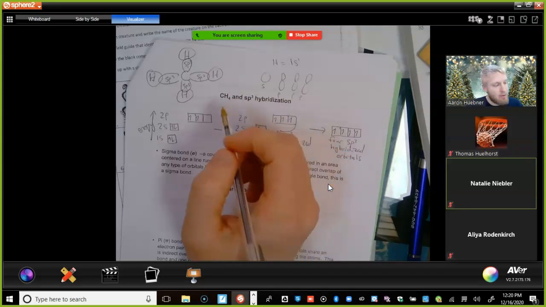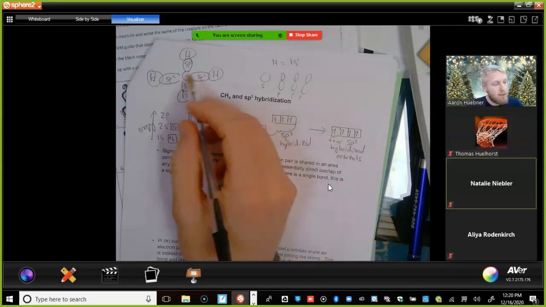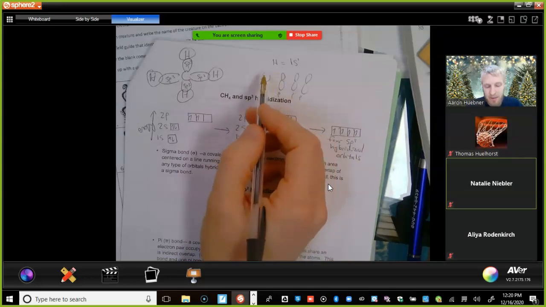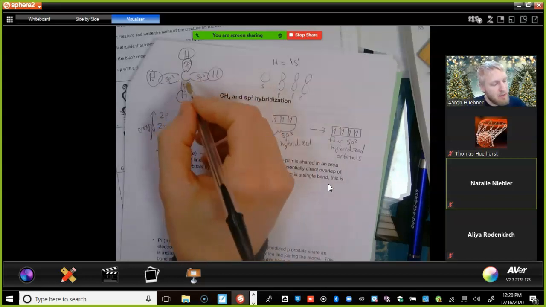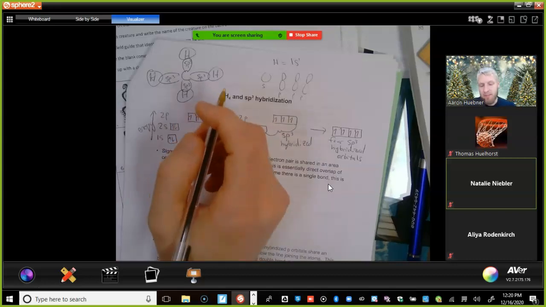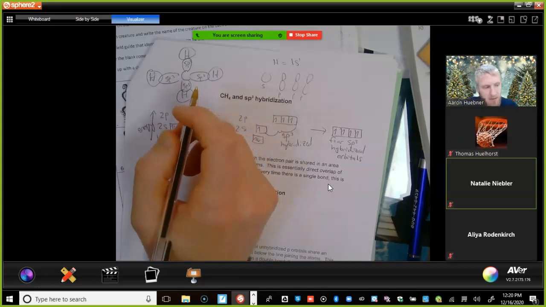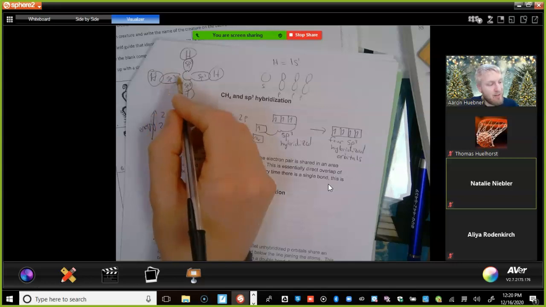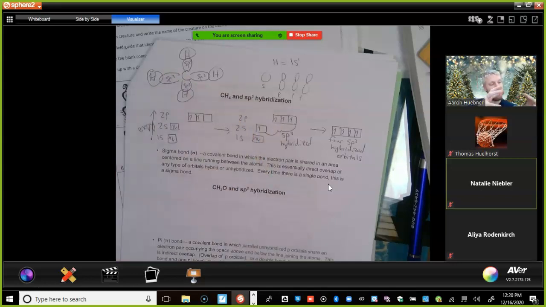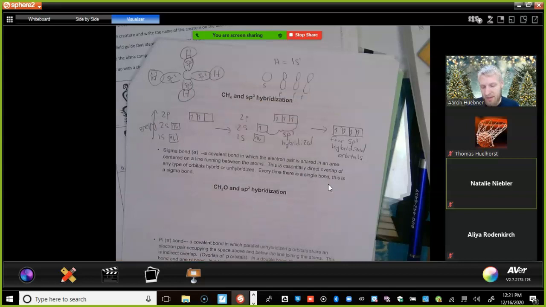And then you have also the 2s of the carbon merging with the 1s. So essentially, you have two different types of sp3 hybridized bonds. And that's what's causing it to not be a 90-degree angle. It's kind of twisting it because now you have a meshing of orbitals. That's kind of the theory behind it. And we got 1, 2, 3, 4 sp3 hybridized bonds.